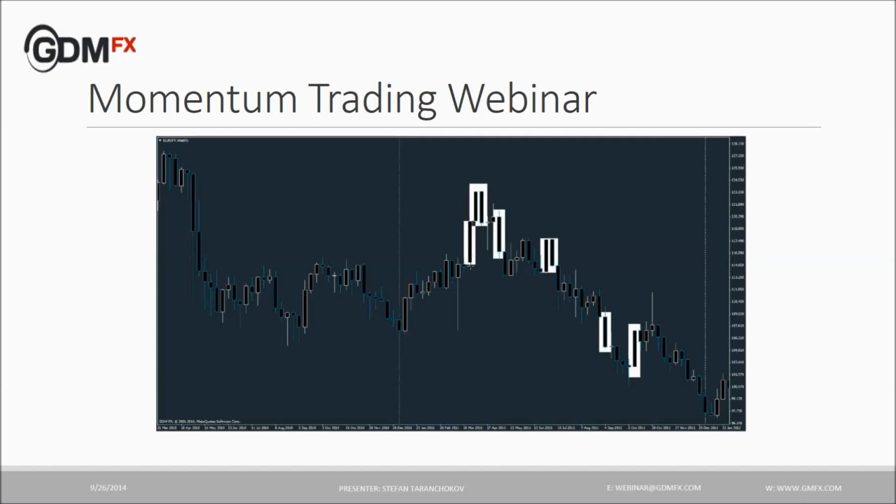So little or no shadows means that the opening price and the closing price are extremely close to the highest and the lowest values reached during this trading period, in our case, a week.